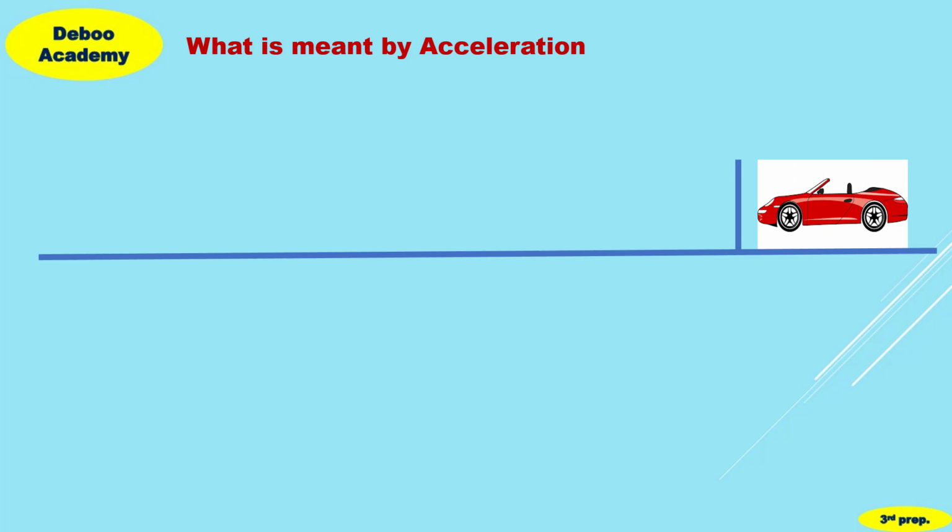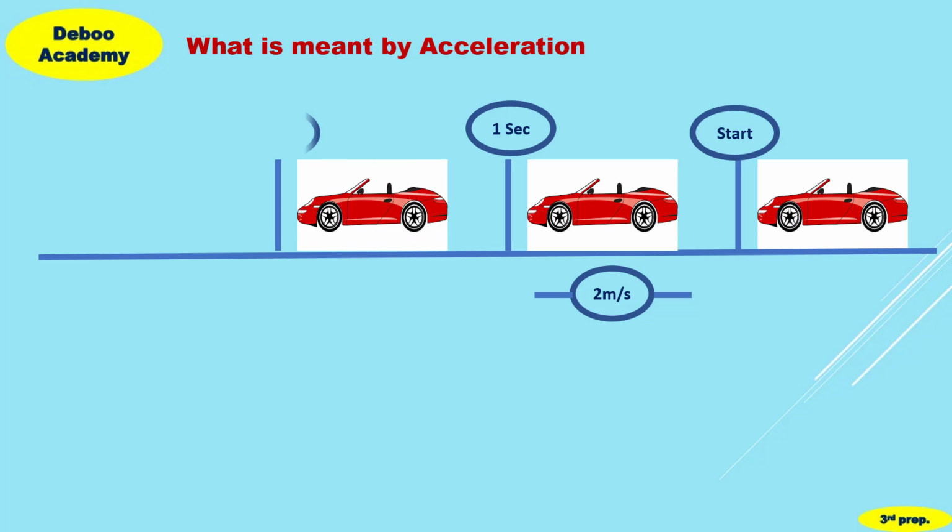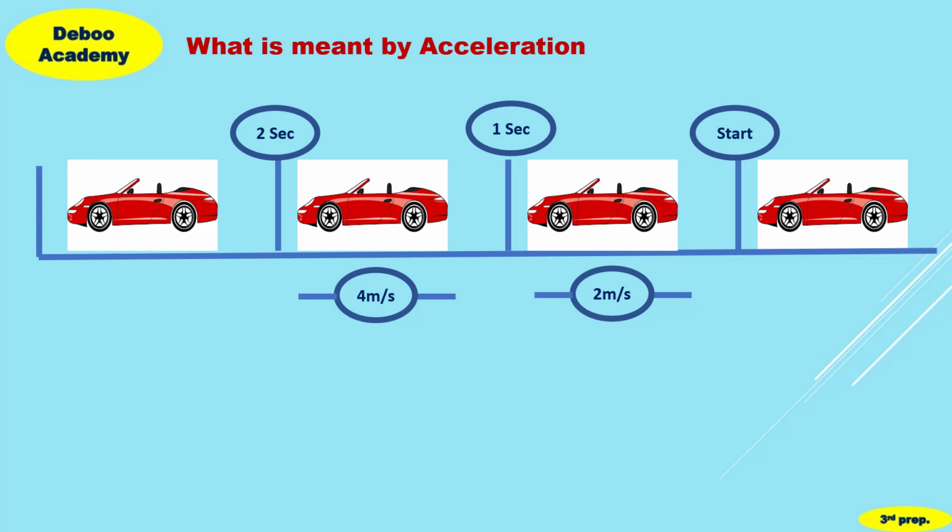Imagine with me this car begins at this start point. In the first second, it covers 2 meters per second, in the second second it covers 4 meters per second, and within the third second it covers 6 meters per second.